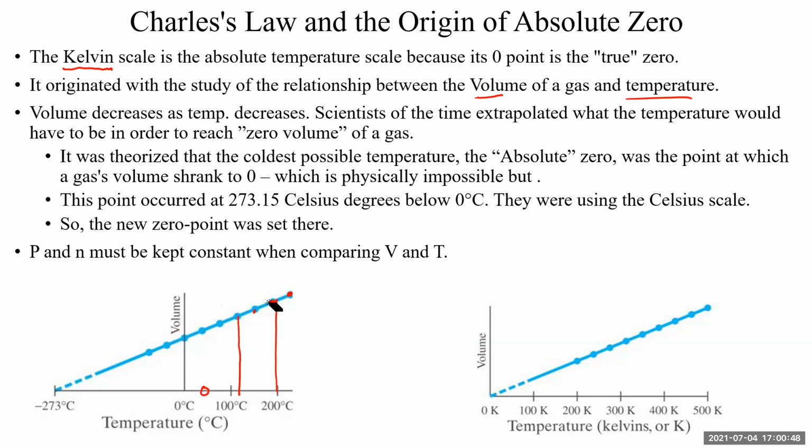And what they did was they drew a best fit line, as you always do when you have a lot of data. You graph a plot, either a linear plot, in this case it's linear, or maybe some sort of parabolic or exponential plot. Here it's a linear relationship between volume and temperature. So they drew a line connecting the different points, and then they extrapolated that line. They couldn't get beyond a certain temperature physically, probably because of the lack of technology.